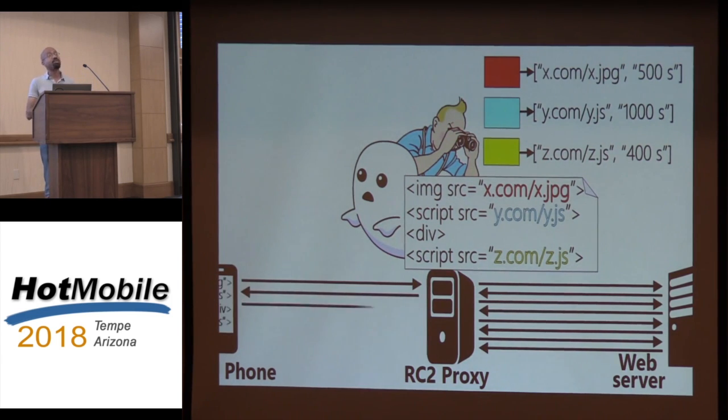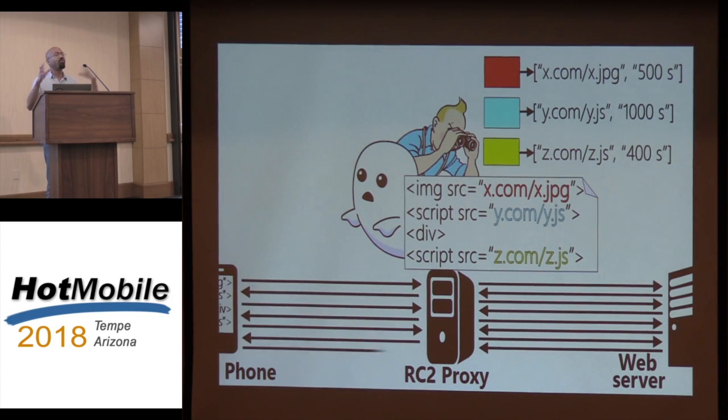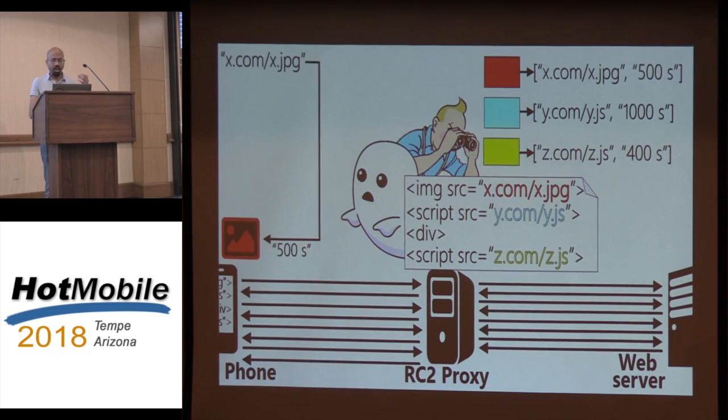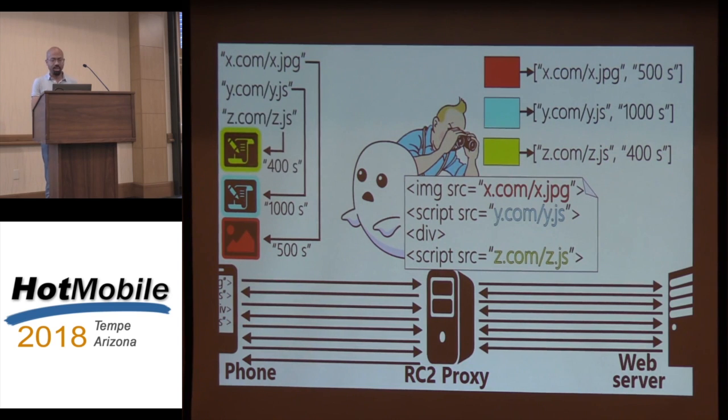Meanwhile, the client retrieves the top-level HTML for the page and fetches those individual objects. Once the page load is complete, the client's traditional browser cache will store the red hash object using the key x.com/x.jpg, and the blue hash object using the key y.com/y.js, and the yellow hash object using the key z.com/z.js.